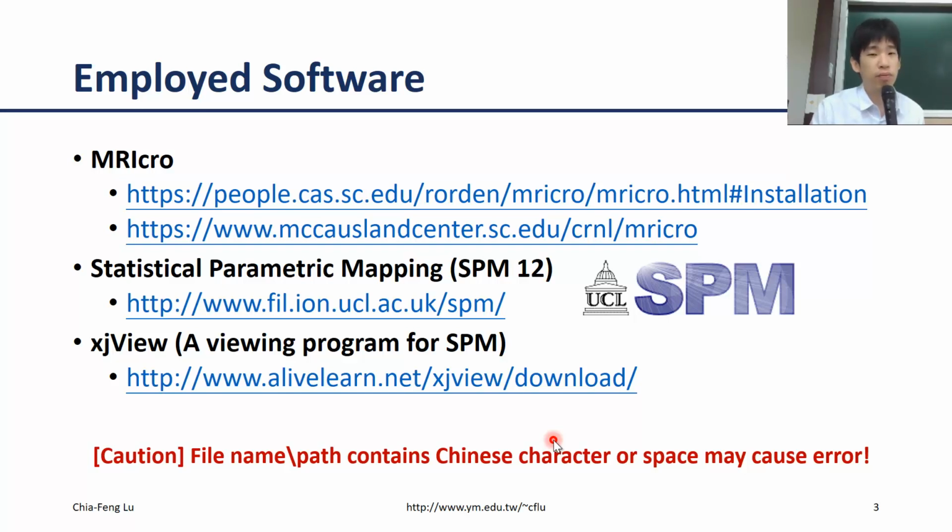Some of you may get this error if your file name or file path includes Chinese characters or a space. During the SPM process, it may be unable to read or load the image file because the file name contains Chinese characters or a space.